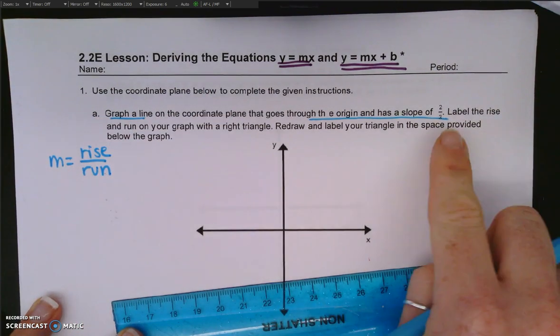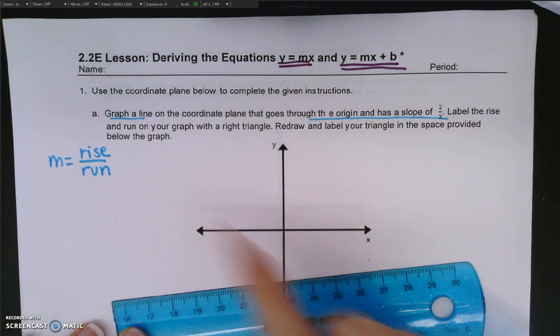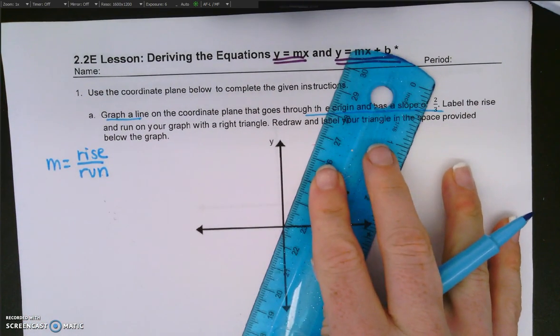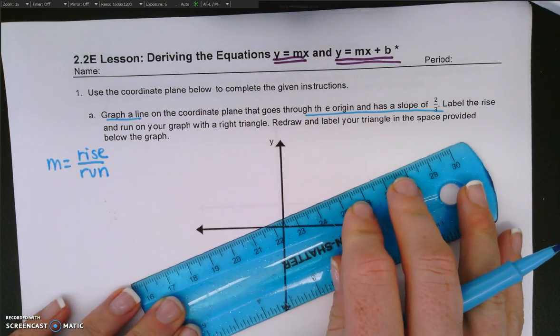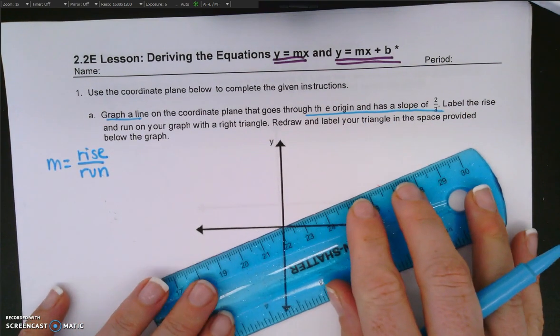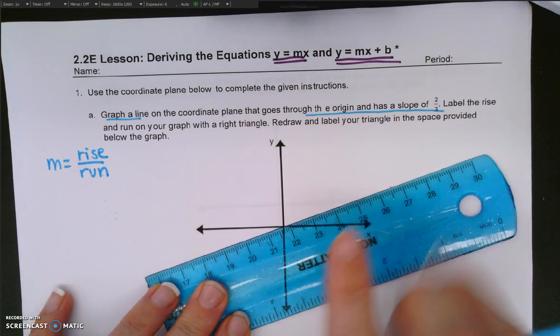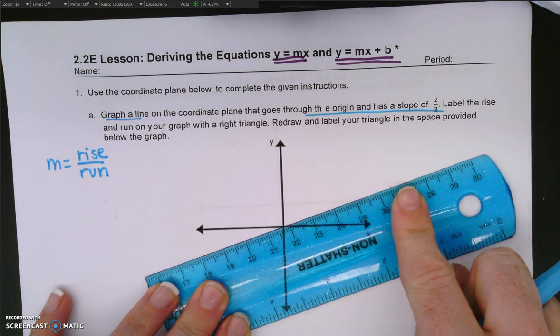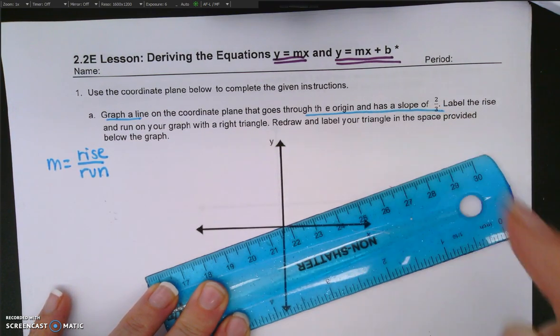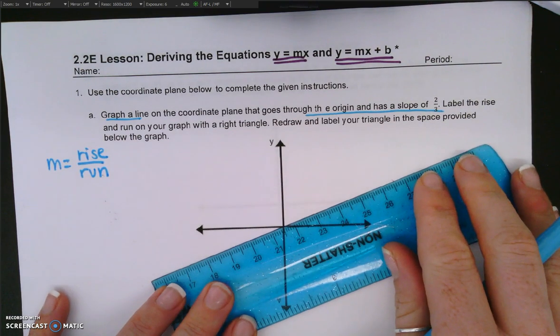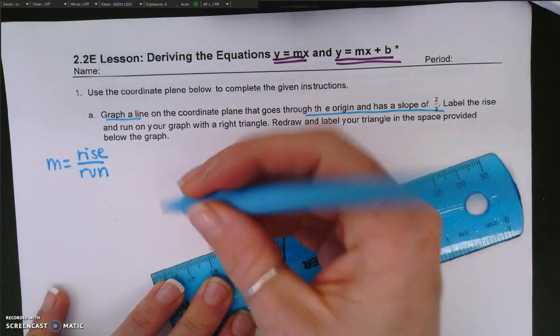So when I look at 2/3, should the rise be greater than the run, or less than the run? The rise should be less than the run, and then this line should be increasing from left to right because we have a positive slope. So maybe it looks something like this.